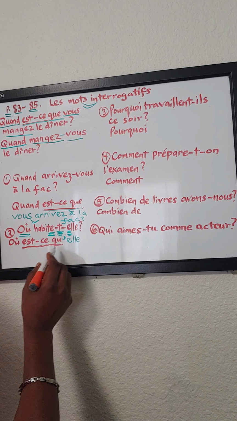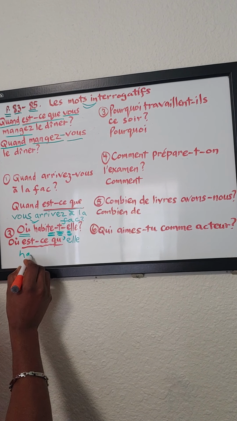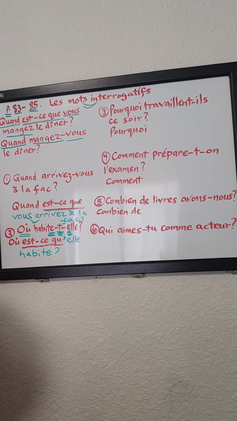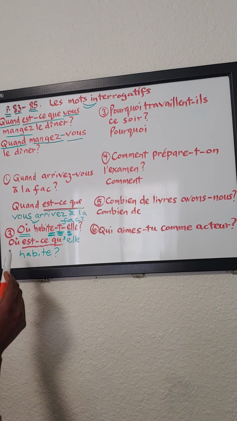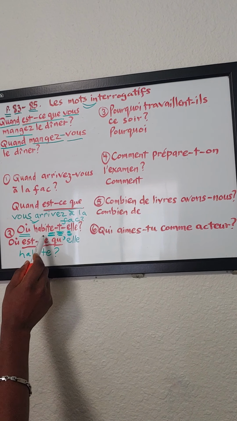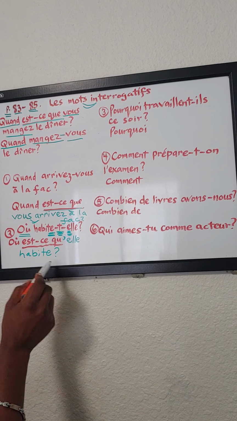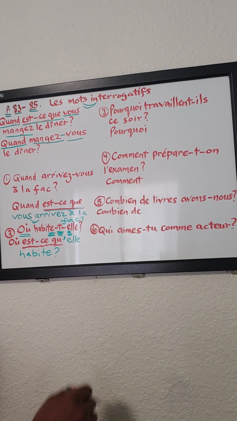So où est-ce qu'elle, and the verb habite. Where does she live? All right, the same thing. Where does she live? Où habite-t-elle? Où est-ce qu'elle habite?